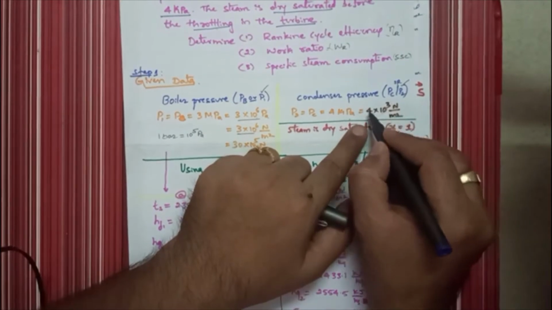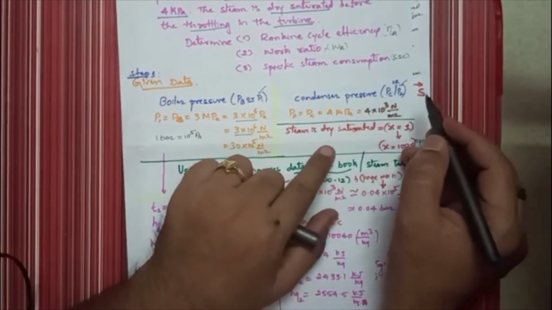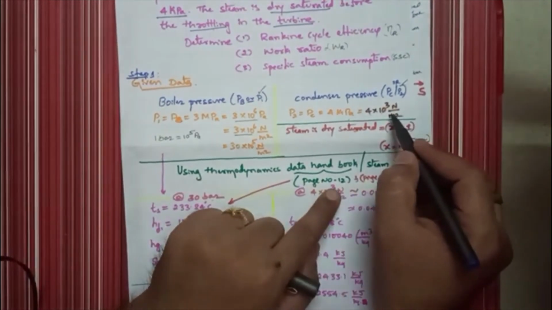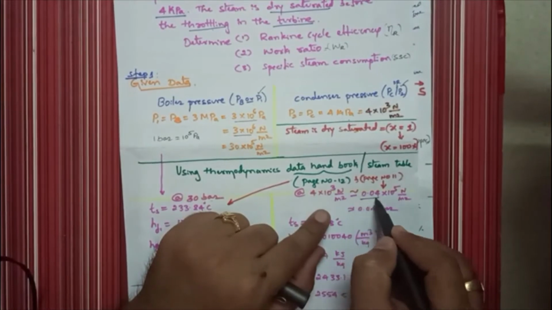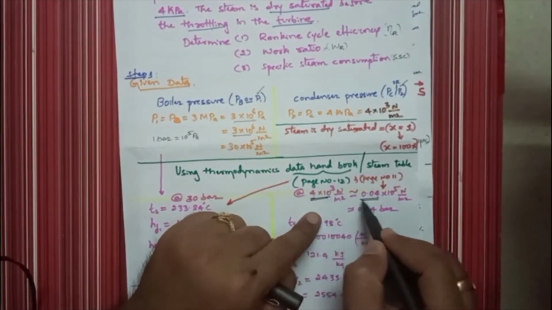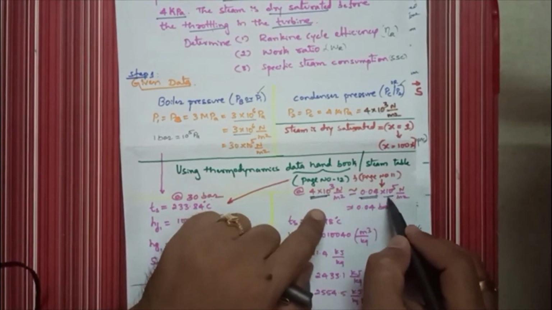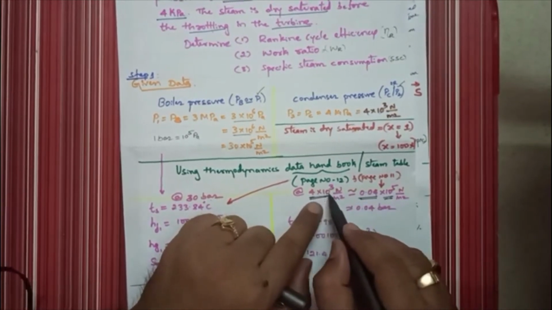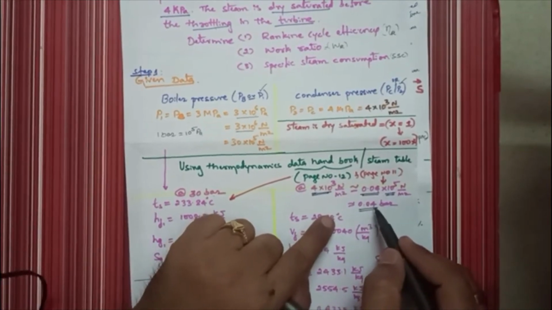I need it in terms of bar because in the data handbook all values are given in bar. So convert into bar, it will become 0.04 into 10 to the power of 5. So 0.04 bar is the pressure in the condenser.